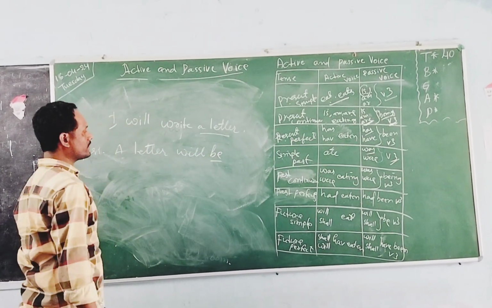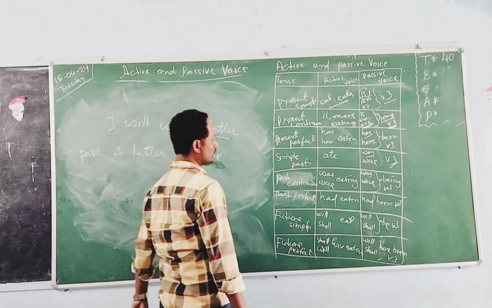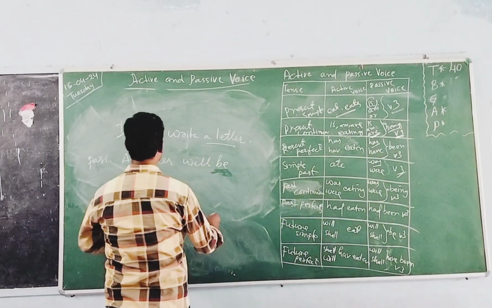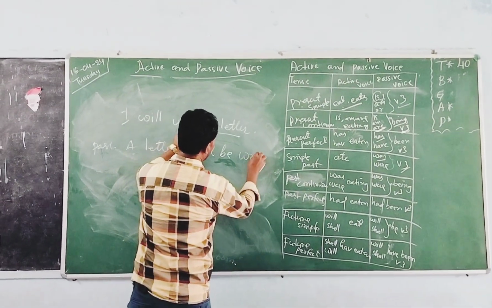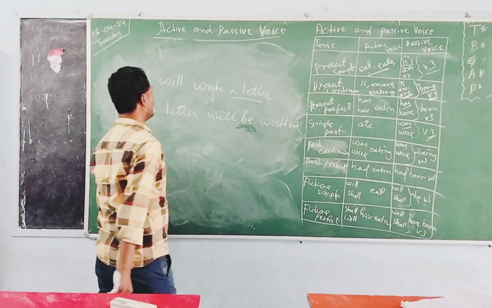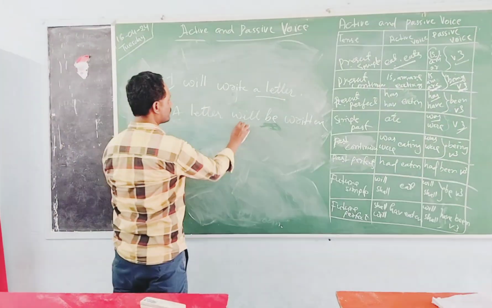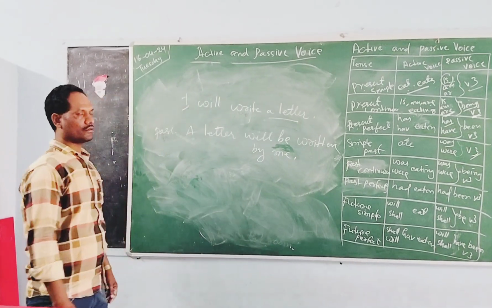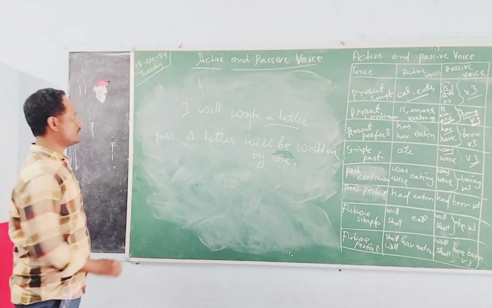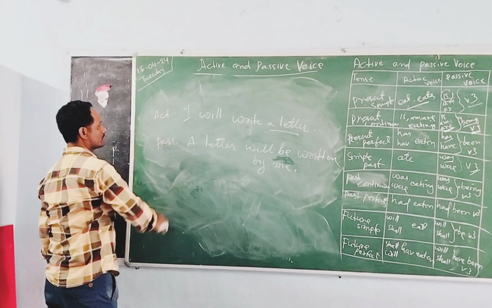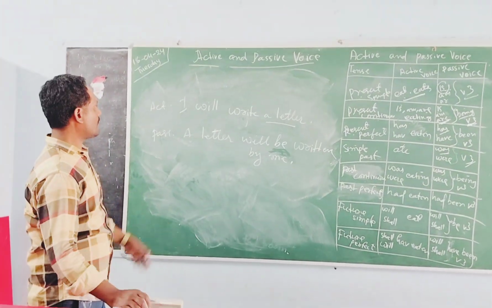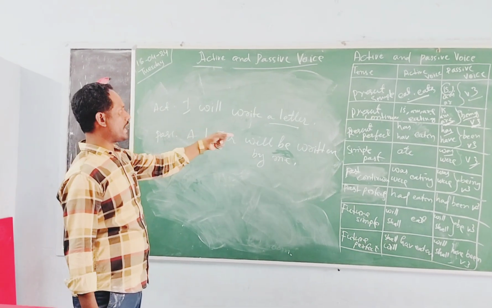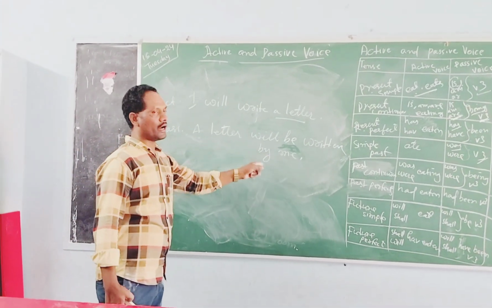Will or shall be? Will be. Verb 3: write, written. A letter will be written by me. I will change into me. I is the subjective pronoun, me is the objective pronoun. This is active voice, this is future simple. This is how we are changing tenses wise, active into passive voice. I will write a letter. A letter will be written by me.